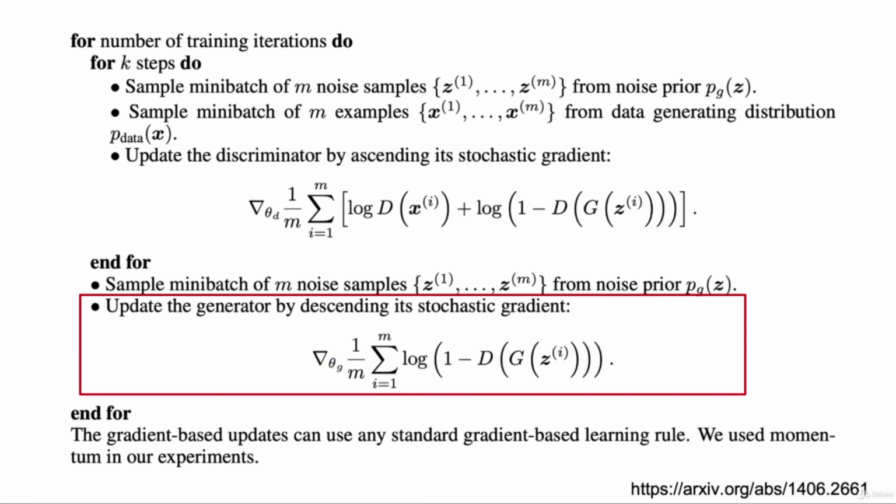In order to summarize the training of generative adversarial networks, we update the discriminator k times and the generator one time. When we update the discriminator, we use the standard binary cross entropy loss and update it as a standard binary classifier.